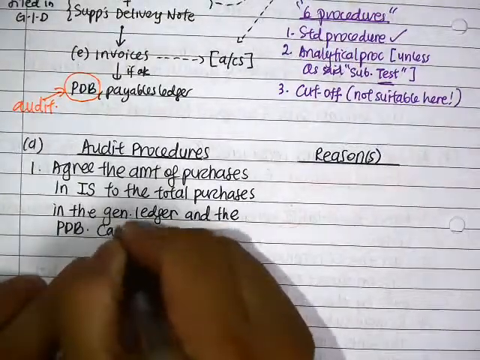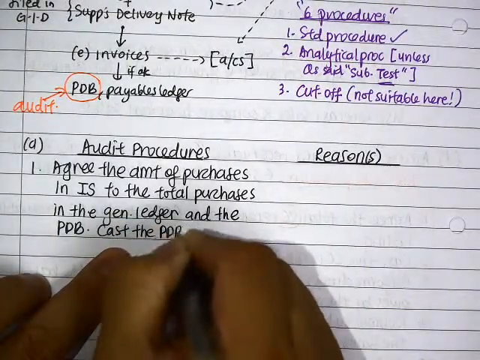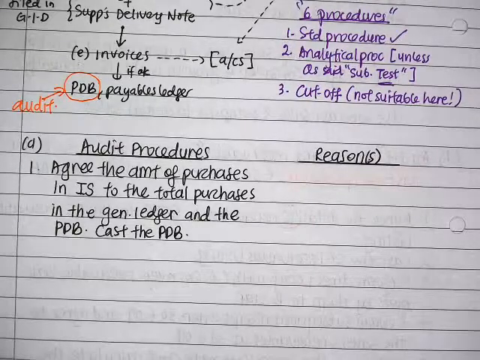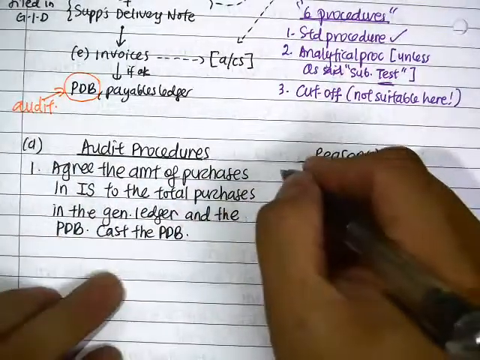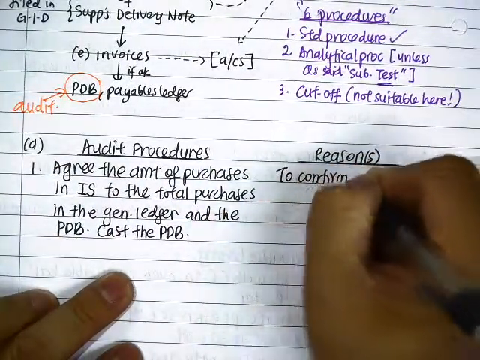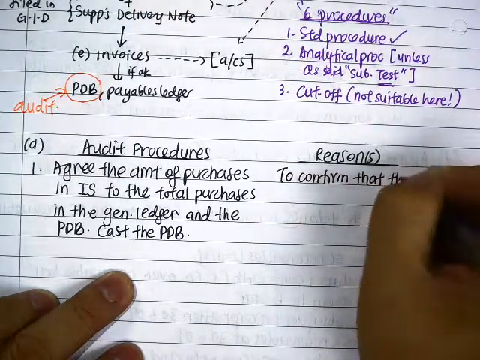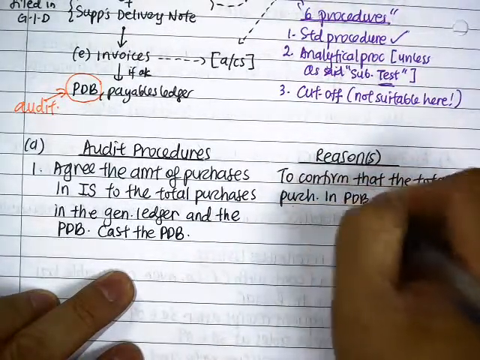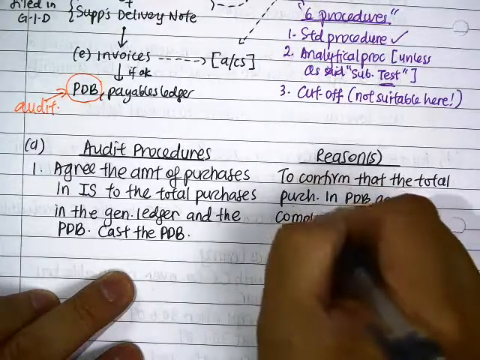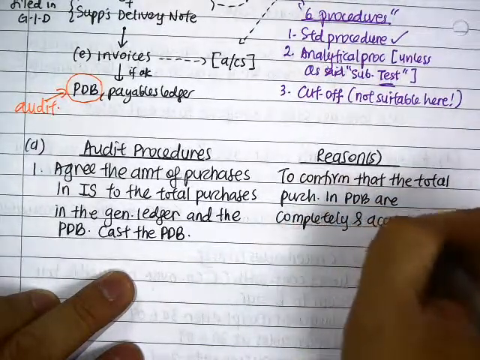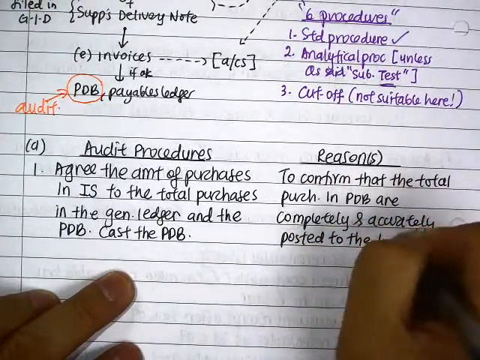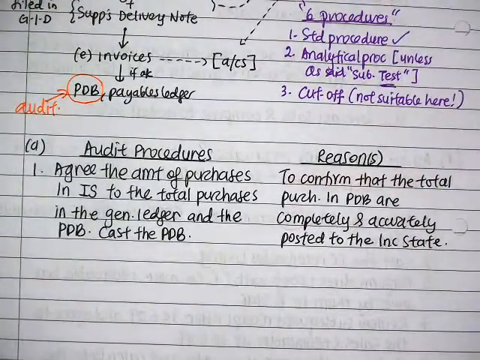Then cast the purchases daybook so that we see the purchases for the whole year come back to the same figure. The reason is to confirm that the total purchases in the purchases daybook are completely and accurately posted to the income statement.